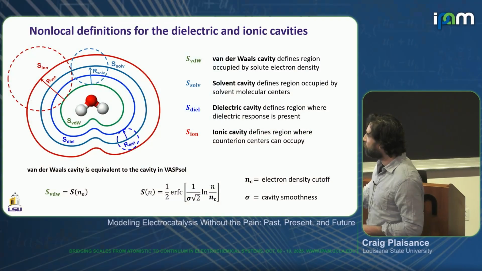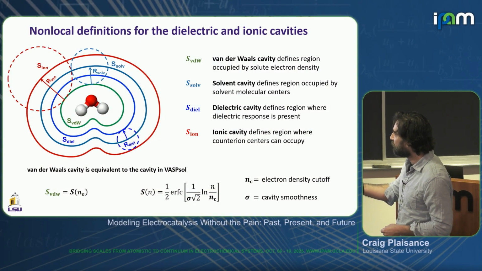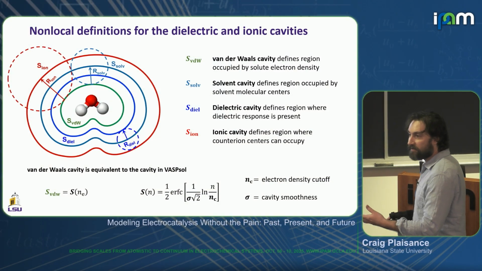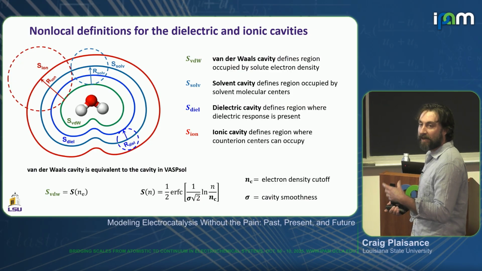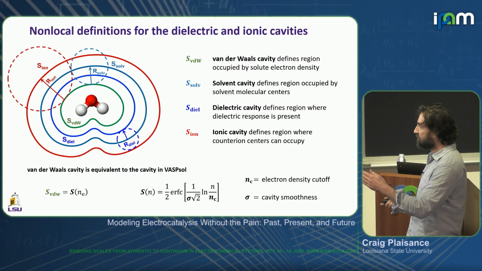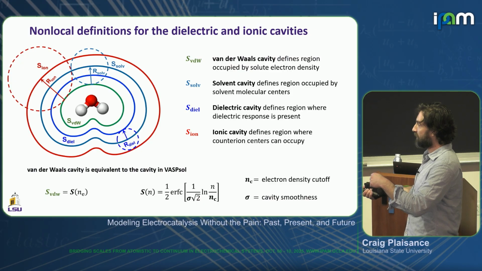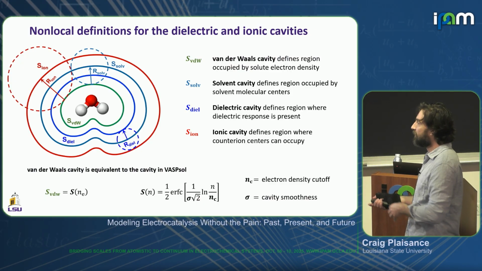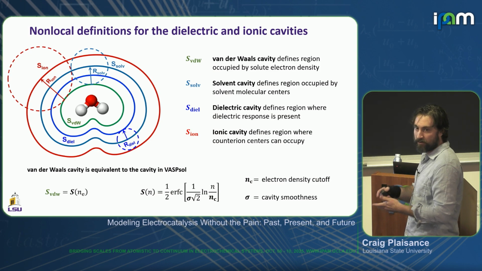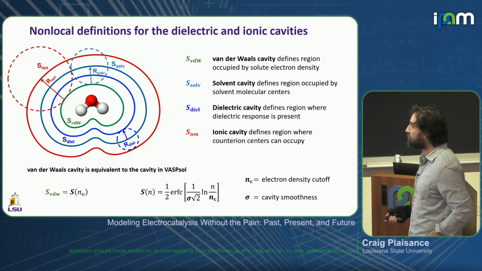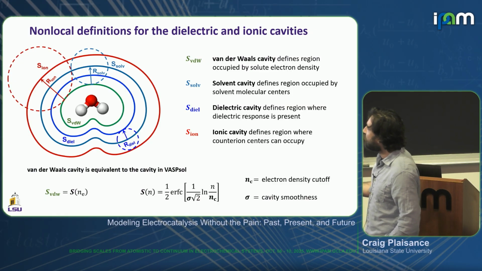So what we do is we first define what's called a van der Waals cavity. It's basically the cavity that's in VASPsol. It has this NC cutoff, an electron density cutoff. It's 0 inside the cutoff, 1 outside the cutoff. It slowly ramps up, it's a step function that Richard showed. But then we do something else.